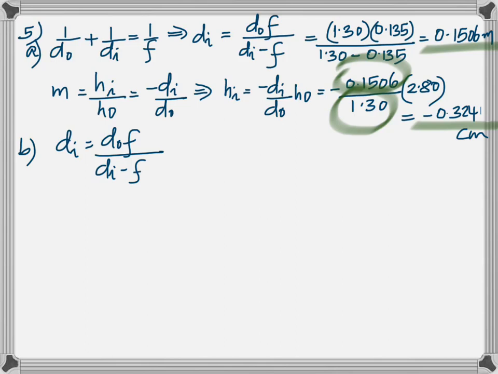In the second part, you want to use a diverging lens, and a diverging lens can only produce a virtual image. F is negative. The formula is the same. The only difference, focal length is negative.